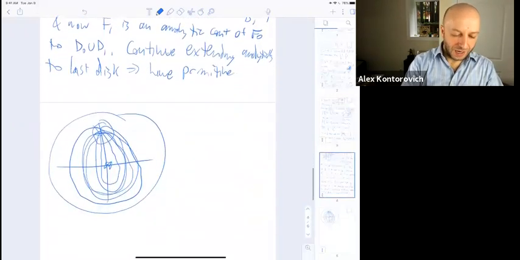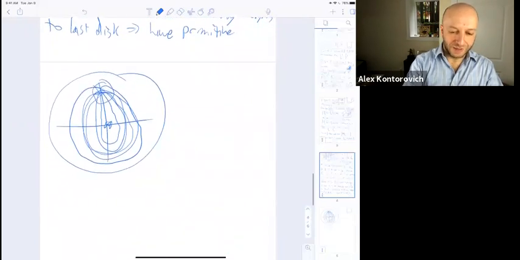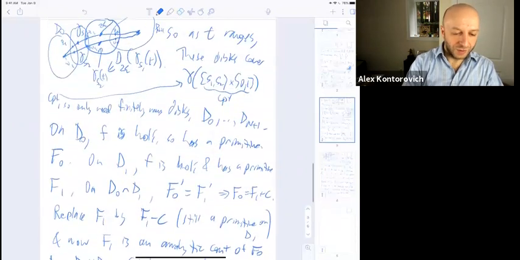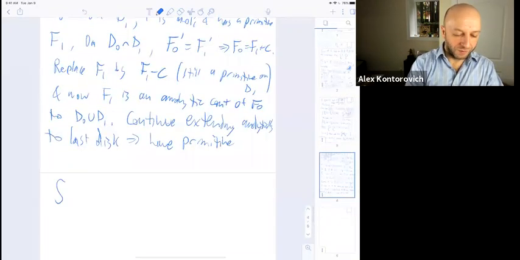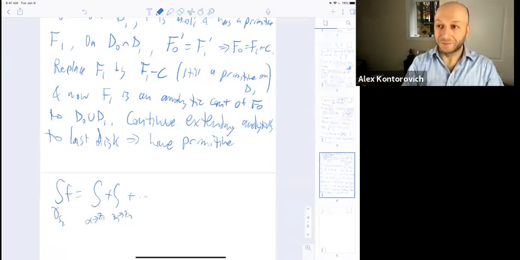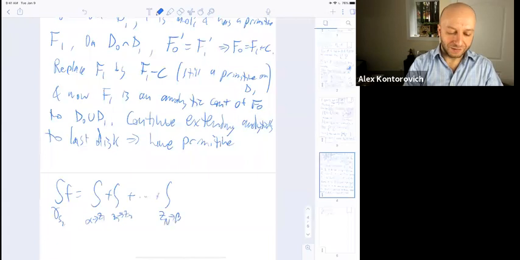Okay, and the total integral: the integral over gamma 2 of f is the integral from alpha to Z1 plus the integral from Z1 to Z2 plus, and so on, up to the integral from Zn to beta.